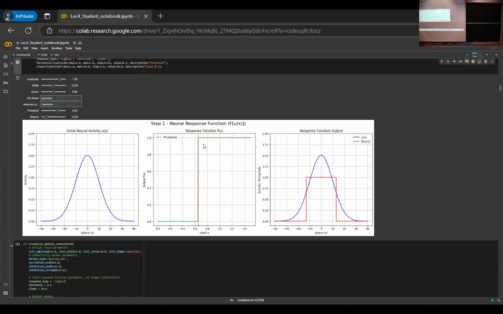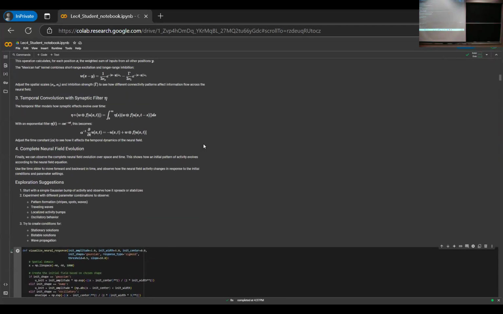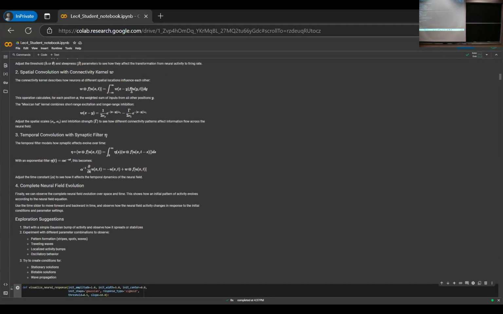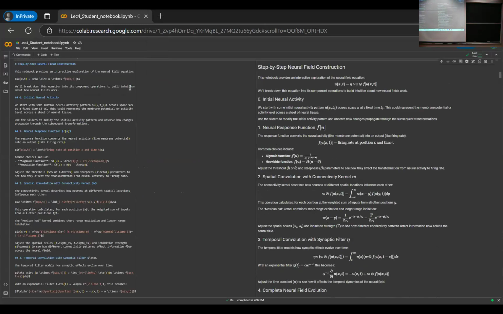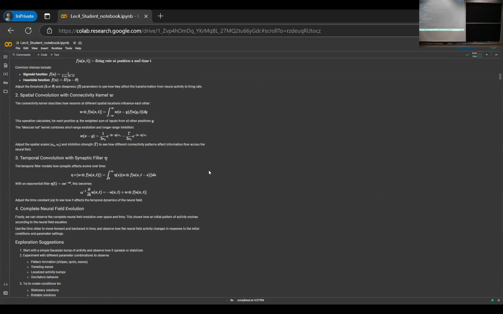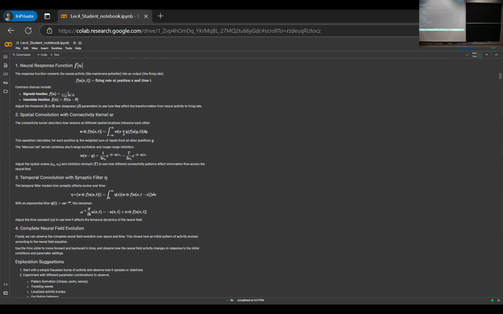So what this is essentially saying with the firing rate bit is that we're trying to convert this membrane potential into a firing rate, which then gets convolved by the spatial filter, which would then give us what we need for the communication between different regions.